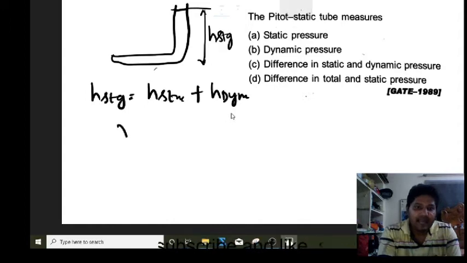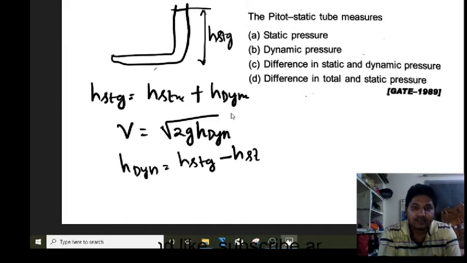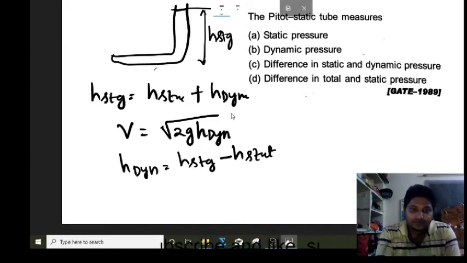The theoretical velocity is equal to root over 2g h dynamic. What is this h dynamic head? The dynamic head is equal to the stagnation head minus the static head. So the Pitot static tube measures the difference between them.